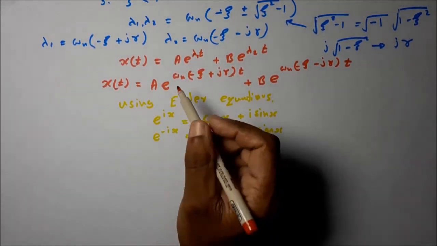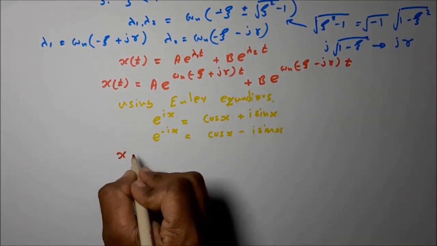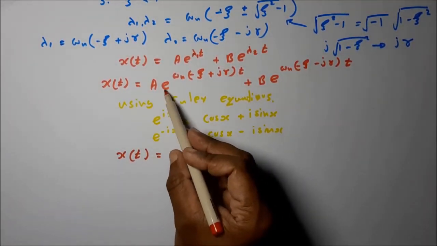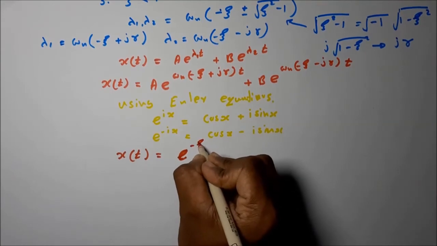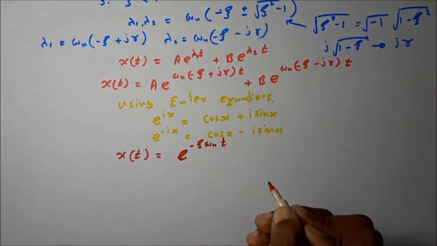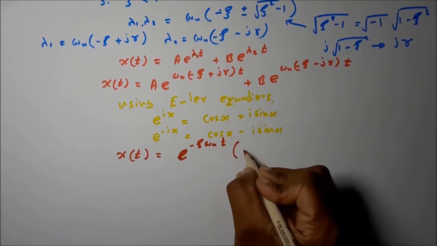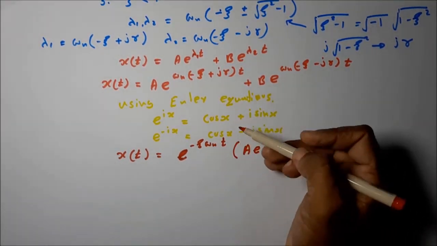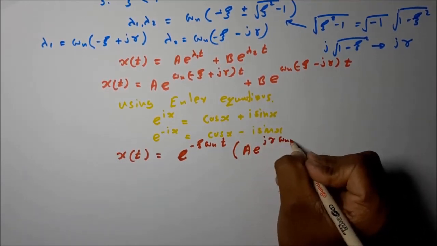Before converting this equation, we can simplify it. That means x(t) we can write by taking e^(minus theta omega n t) out from the entire expression. So then we are having A e^(j gamma omega n t) plus B e^(minus j gamma omega n t).